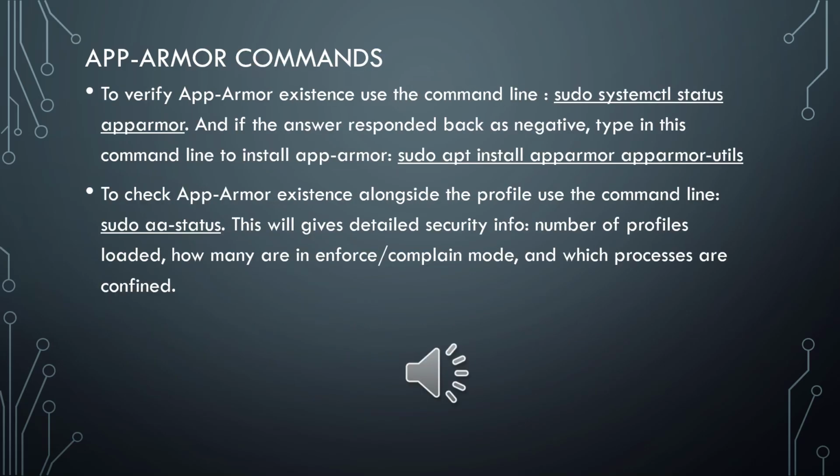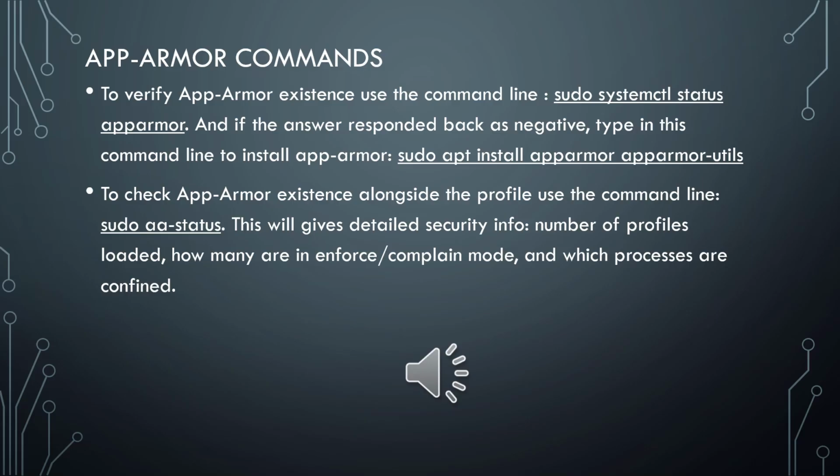Moving on to our next slide with the AppArmor commands. Within this slide, I'll be talking about how a user can verify the AppArmor existence and make sure that it is installed within the system. To check the existence, we can do sudo systemctl status apparmor.